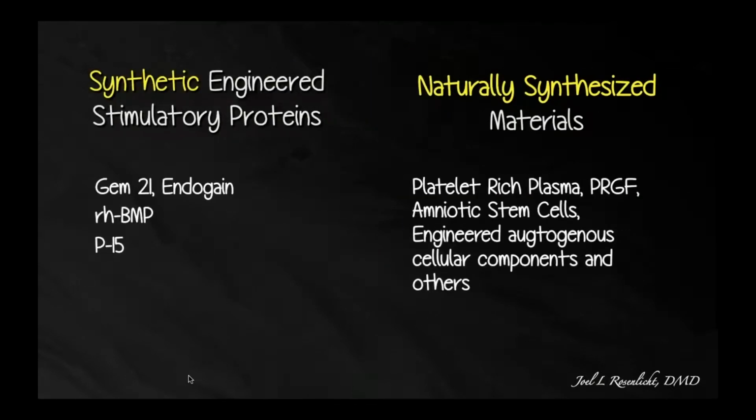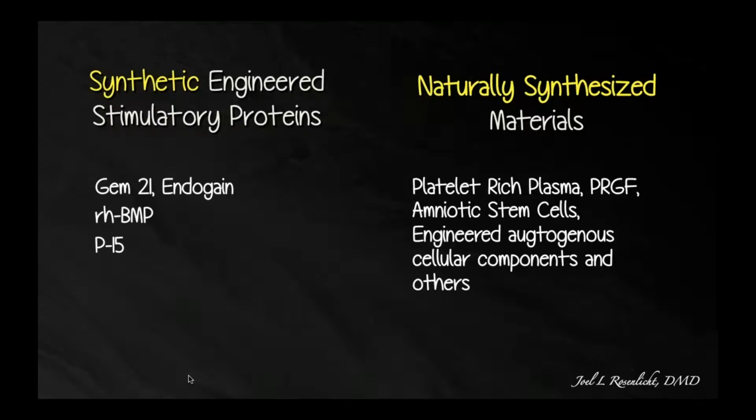We also have these synthetically engineered stimulatory proteins. I'm sure we're familiar with GEM21 or MDGAIN or recombinant bone morphogenic protein or P15. These are synthetically manufactured proteins that we can use in conjunction with our grafting and our materials, or we can even now use naturally synthesized materials from our patients, platelet-rich plasma, PRGF, amniotic stem cells, or even engineered autogenous cellular components that are becoming more and more popular in all our fields of medicine now.